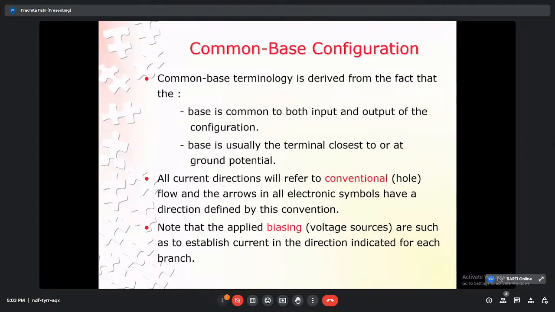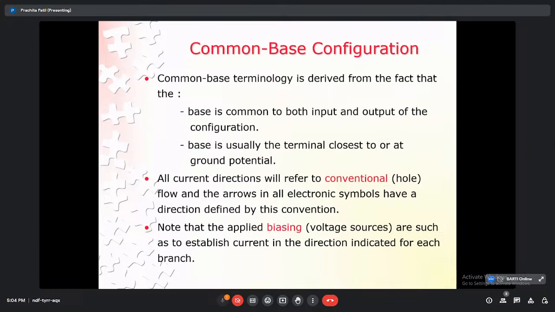The base is usually the terminal closest to or at ground potential. As we have mentioned, this is how the potential should be and how we can bias the transistor.